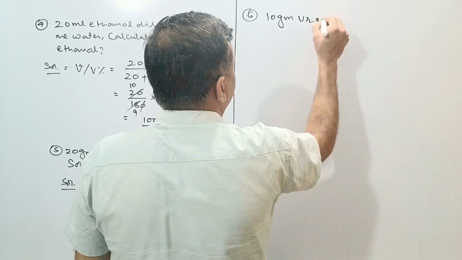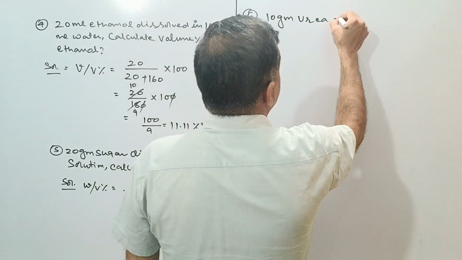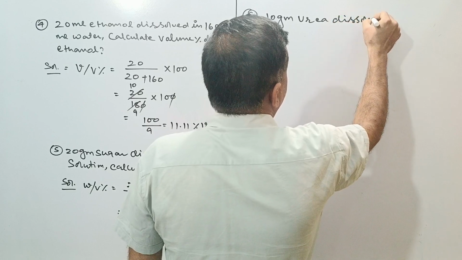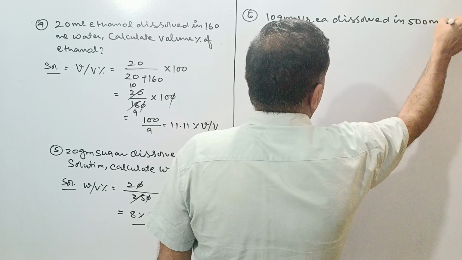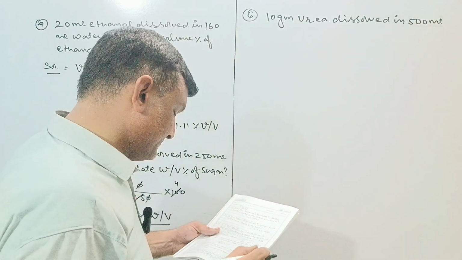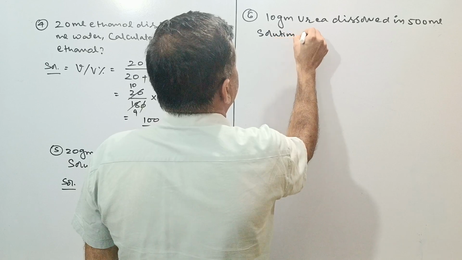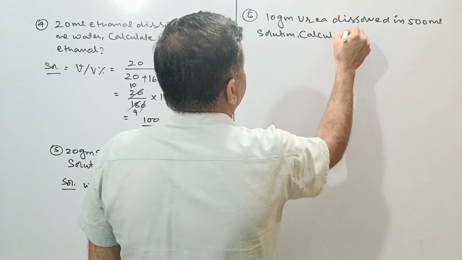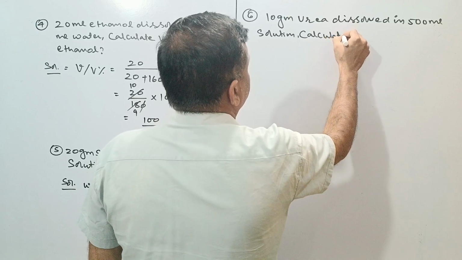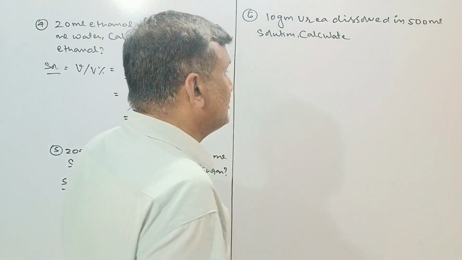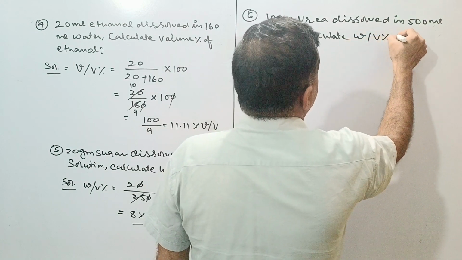This is the most important. 10 gram urea dissolved in 500 ml solution. Calculate the mass volume percentage of the solution.